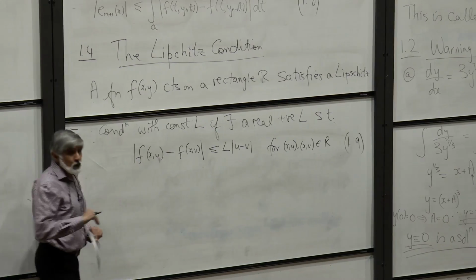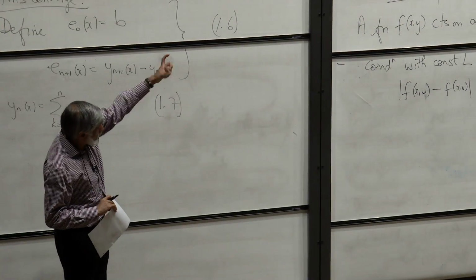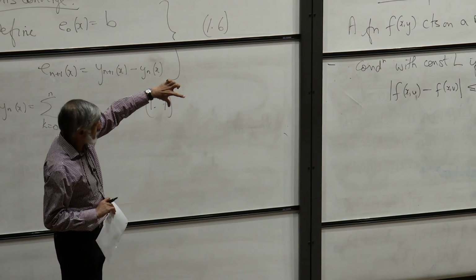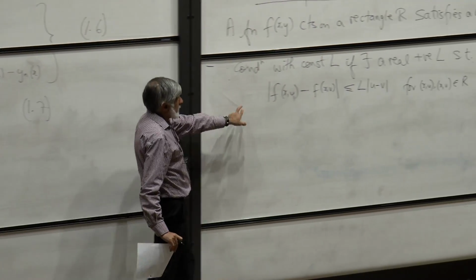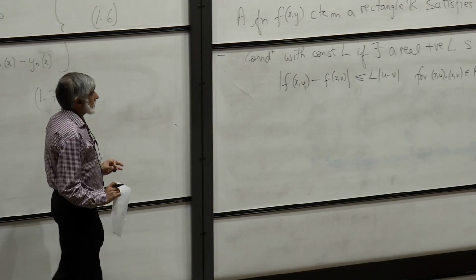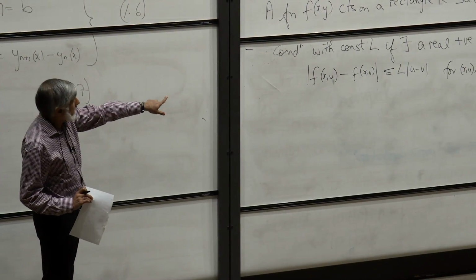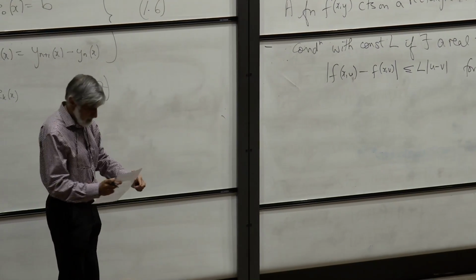So take any two points inside that rectangle, and if this is satisfied for all points in the rectangle, then it's called Lipschitz. Okay?